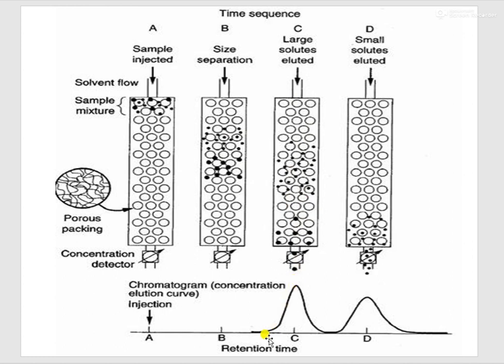They will give us the first peak. The smaller molecules, which can very well penetrate the pores of the stationary phase, will have a long path, so they will elute later. This peak depicts the elution pattern of small size components present in the sample.